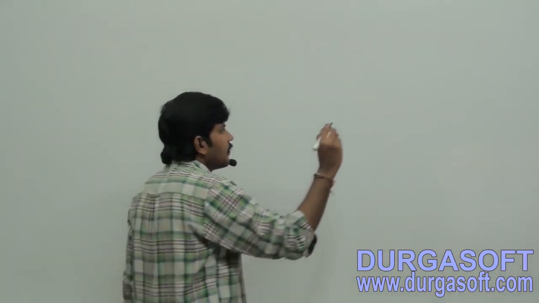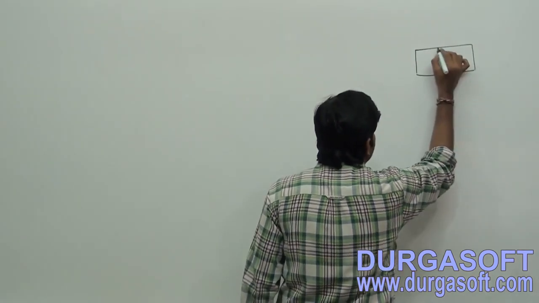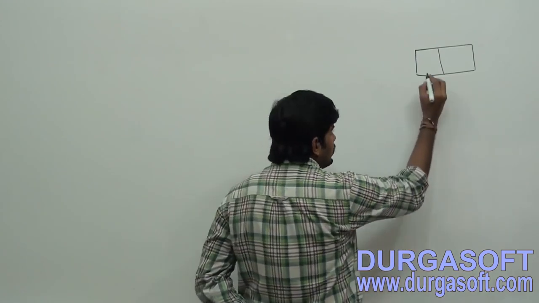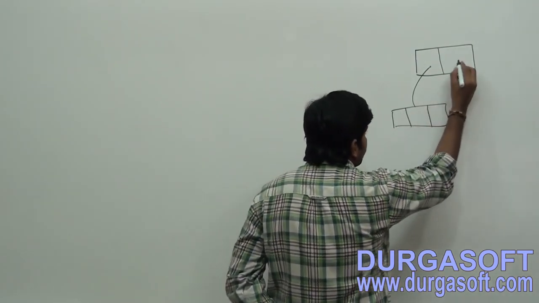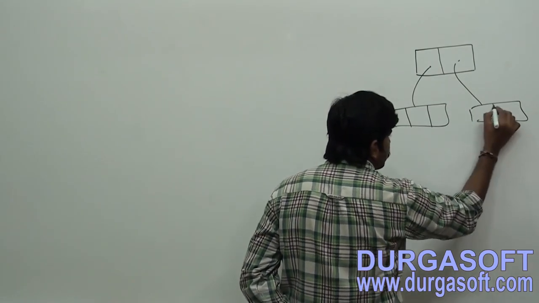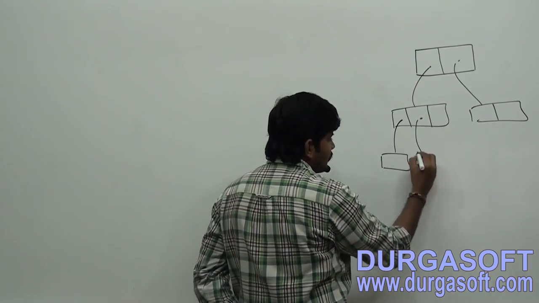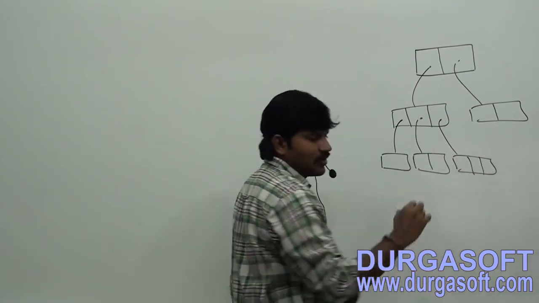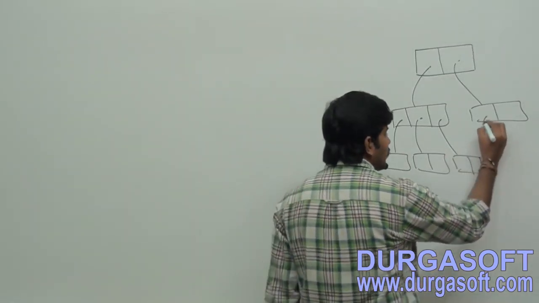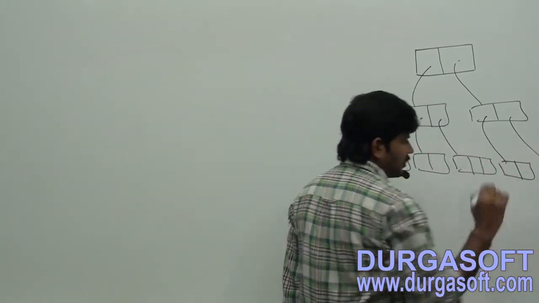I am taking an array like this. Analyze carefully. Base size 2. Here size 3, but here size 2. Here size is 1, 2, 3. Now here size is 2. Here size is 2. That's all.